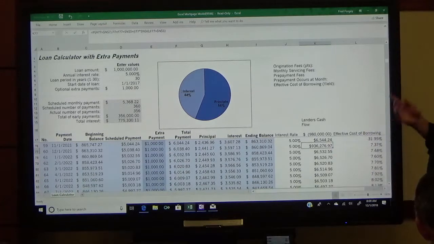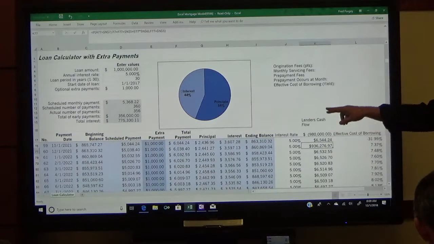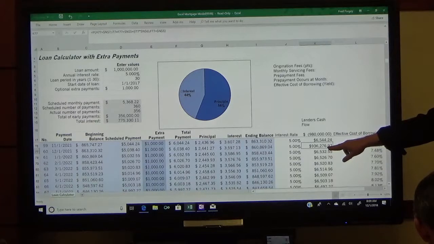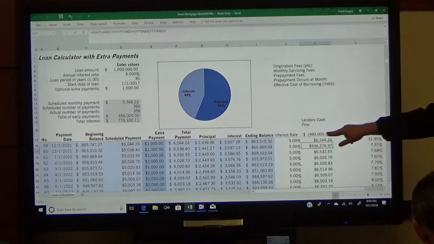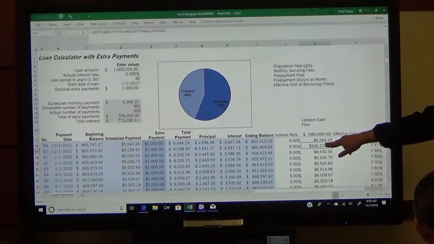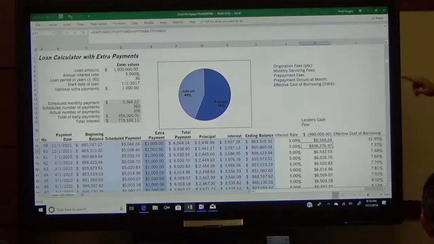So what that's doing, in essence, is taking that whole series of cash flows over those 60 months, from the beginning point to the end of the 60th month, and in this final column we're calculating an effective cost of borrowing.